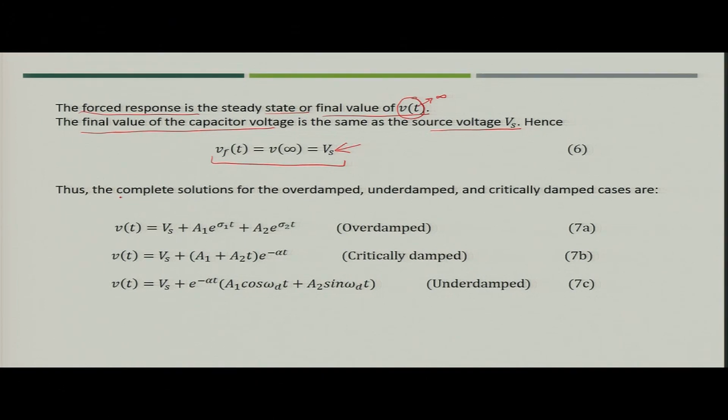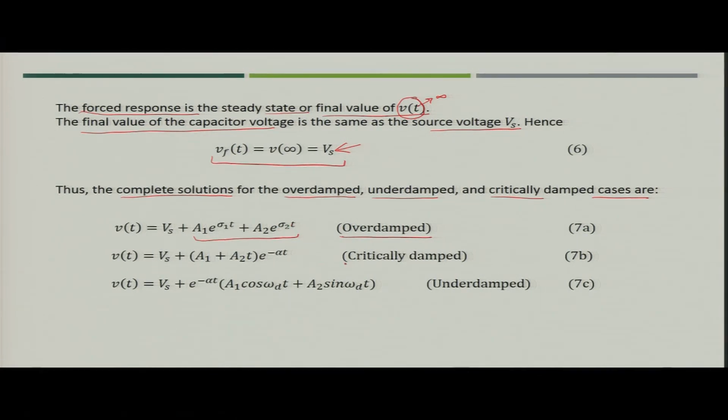Now, the complete solution for the overdamped, underdamped and critically damped cases can be written as v(t). In the case of overdamped, it is Vs plus A1 e to the power sigma1 t plus A2 e to the power sigma2 t.